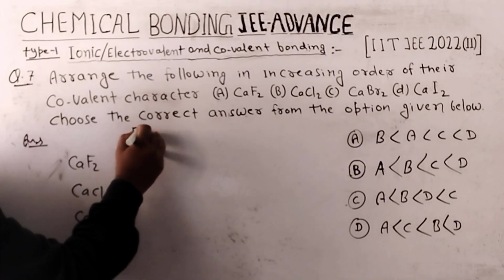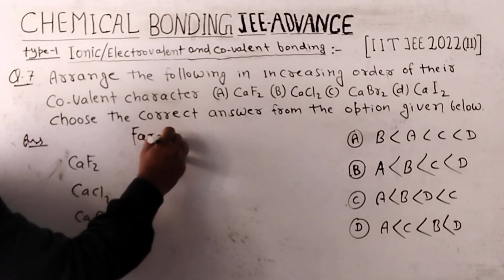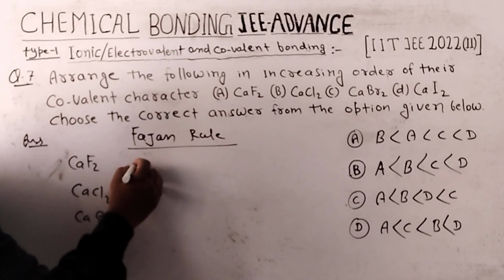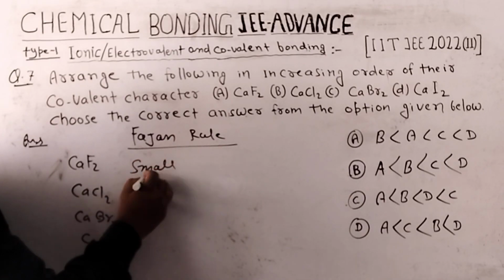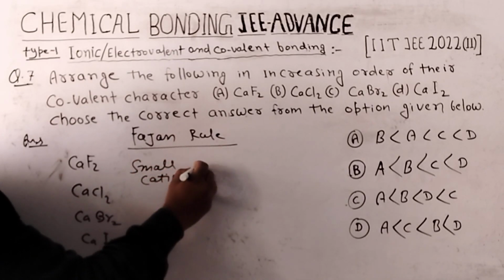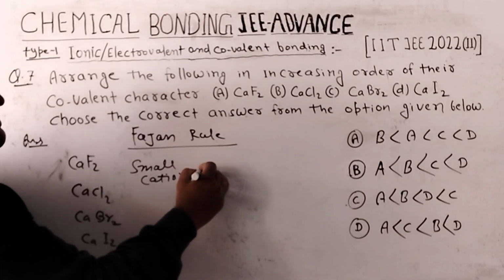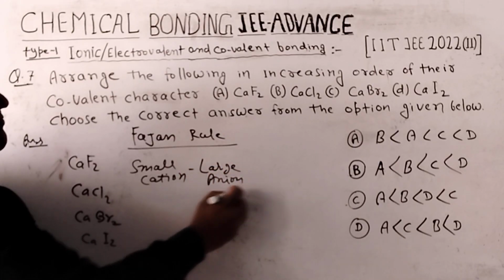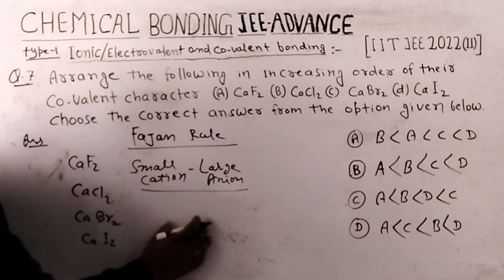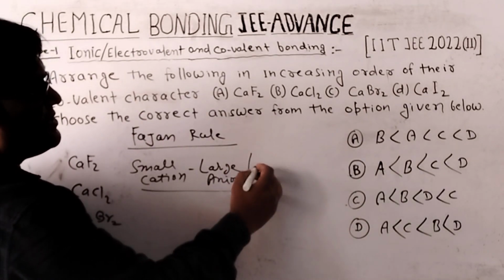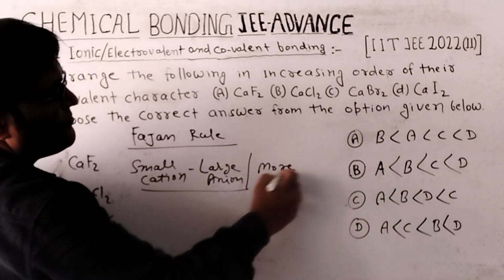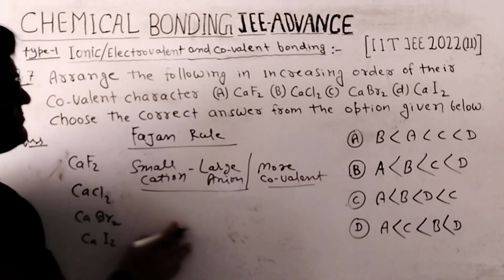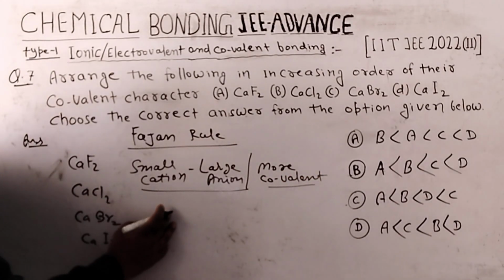Now from Fajans' rule, when a small cation and a large anion are bonded together, then these types of compounds show more covalent properties.